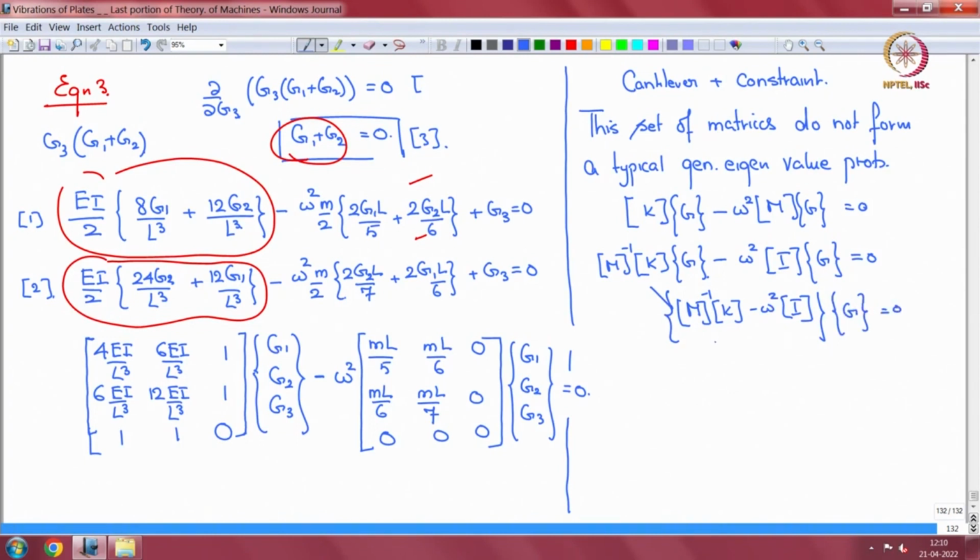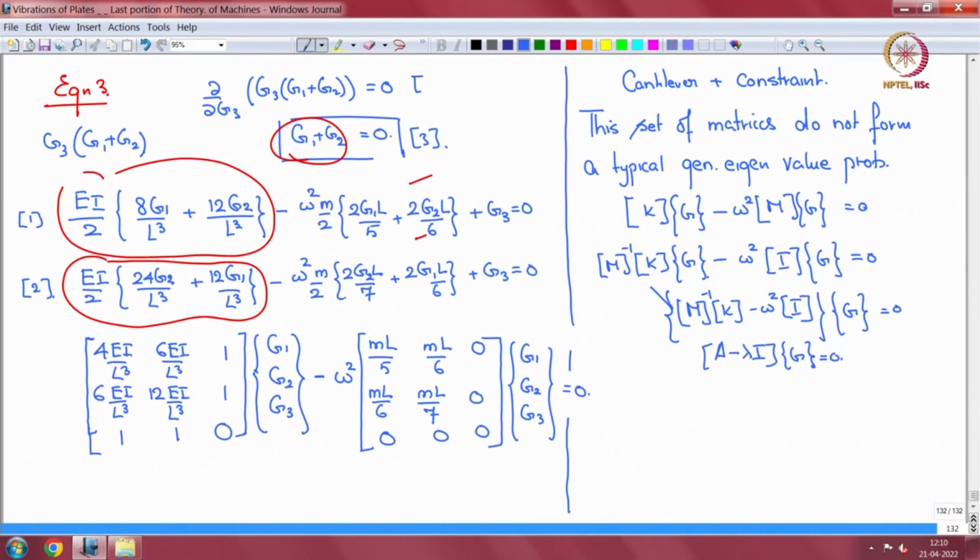So this is like A minus lambda I, into g equal to 0. Let me stick to square brackets. So this is the eigenvalue problem.